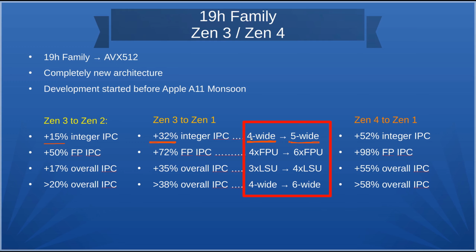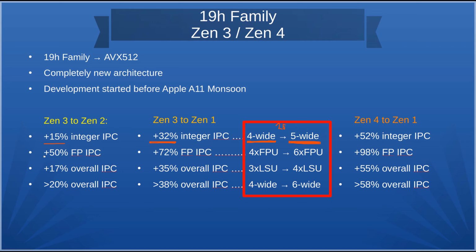Going from 4 to 5 is actually 25%. So 25% is the minimum I would expect from Zen 3, but it also means we might expect 6 wide integer. So it might be 5 or 6 wide integer.